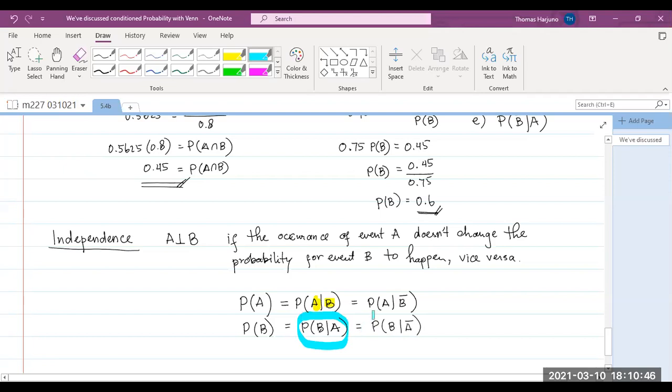That's the same as the probability of B to happen knowing A is not happening, which equals the probability of B to happen regardless of what happened to A. So if Thomas is teaching at West LA College, I go to West LA College. If Thomas is not teaching at West LA College, I still go to West LA College. So do you need to know whether Thomas teaches at West LA College or not? No, I don't need to, because I still go to West LA College. Why? I'm independent of Thomas, right?